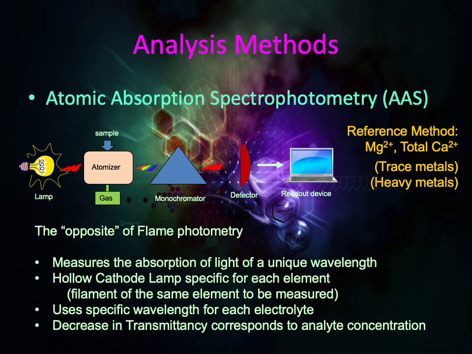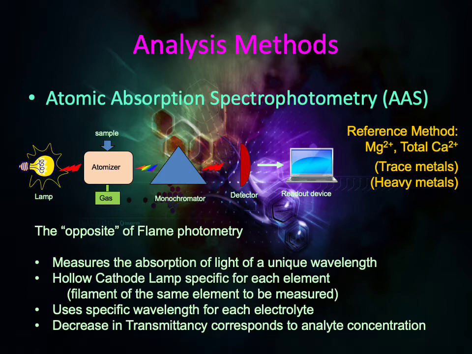Each element to be analyzed must have its own lamp, which consists of a filament composed of that specific element. When a sample containing a metal ion, such as magnesium, is introduced into the instrument, the sample passes through an atomizer that immediately converts the sample into a gas while ionizing the magnesium.